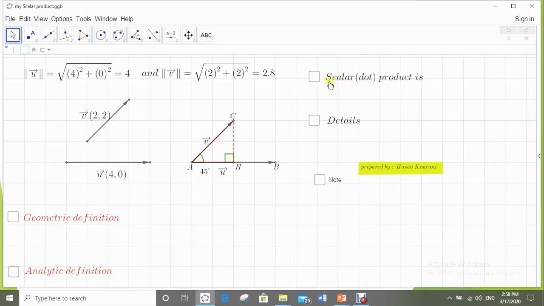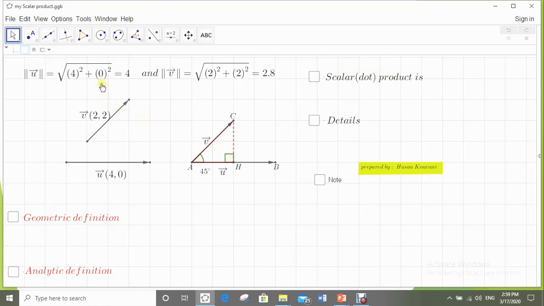Here we have somehow a new word, scalar product. Well, let me tell you that the scalar in mathematics means a number. Scalar product means the result of multiplication will be a scalar, means a number. Okay.